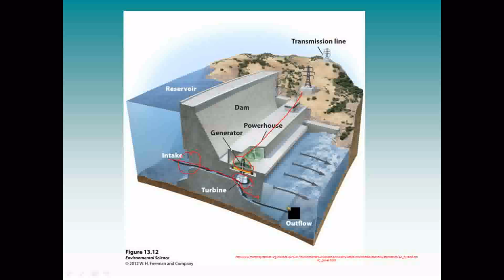That water's got to go somewhere, so it ends up in the river. But the water that's held back is much greater than the water that comes out at the bottom. This diagram doesn't really show it, but in most cases, when you see a dam and a hydroelectric plant, the river downstream, down here, is but a trickle of what it used to be.